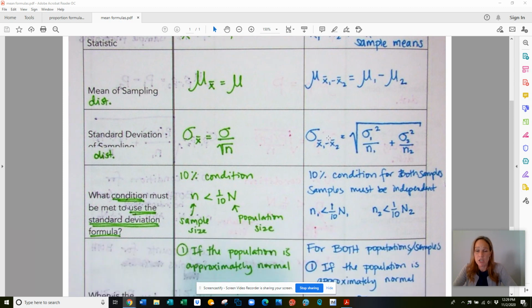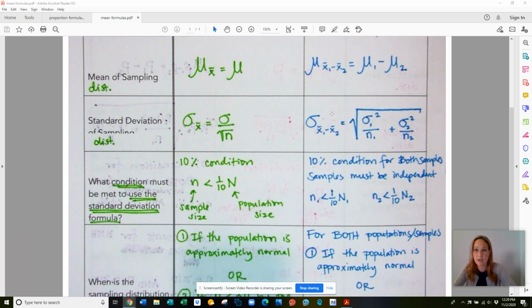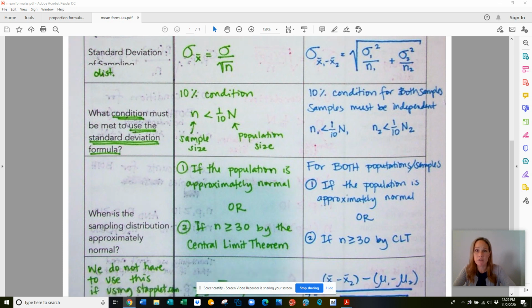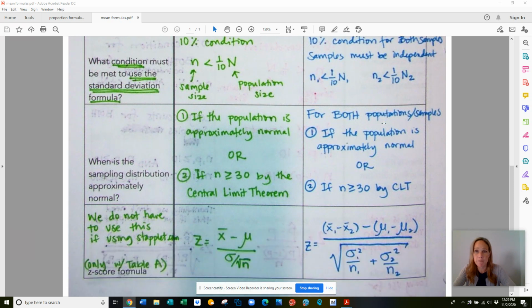Our standard deviation, you're going to need to plug in for your two different sample sizes and your two different standard deviations there. Then we would also check the 10% condition for both samples, making sure that the samples are independent of each other and making sure that our sample size is less than 1/10 of our population.